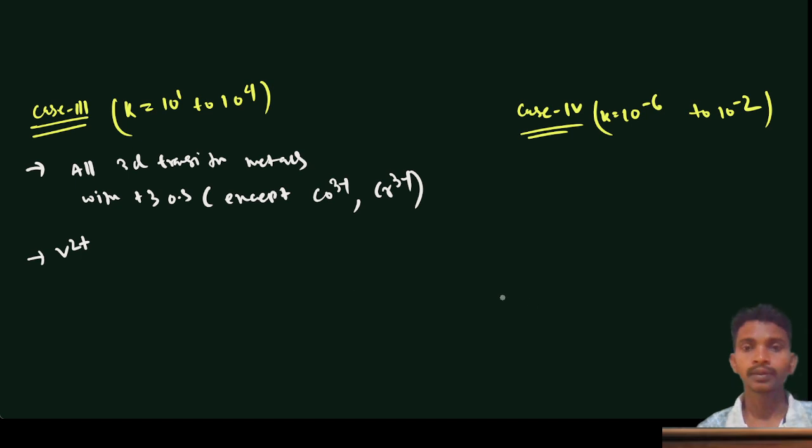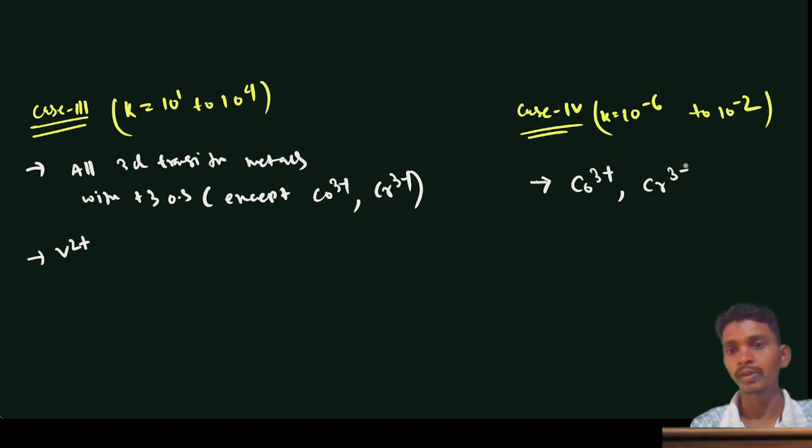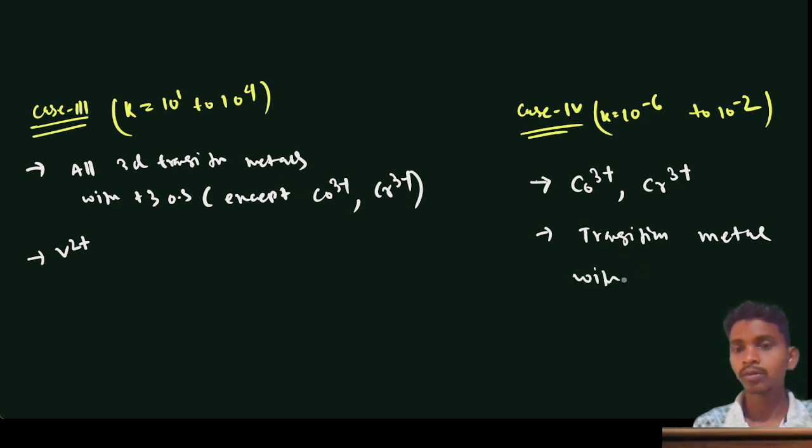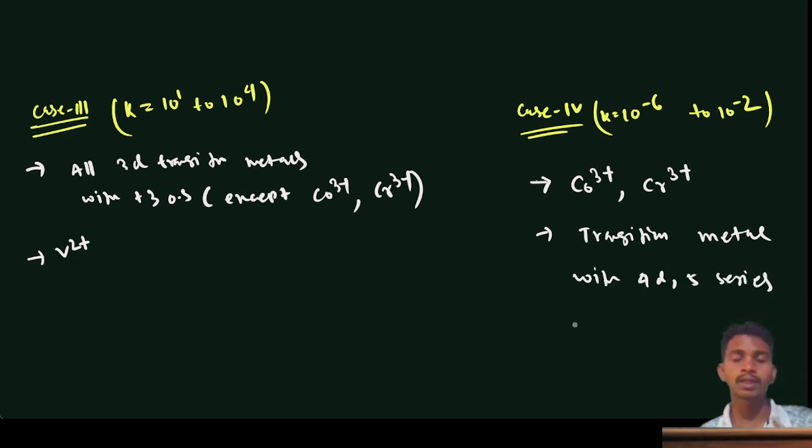And for case 4, here all the compounds like cobalt 3+, which are highly inert, chromium 3+, and also the compounds of transition metals with 4d or 5d series, because they have very high size.